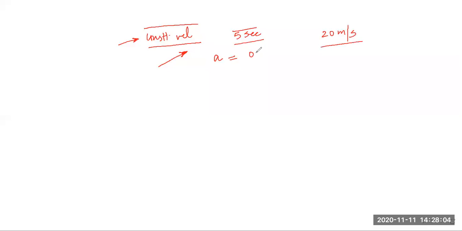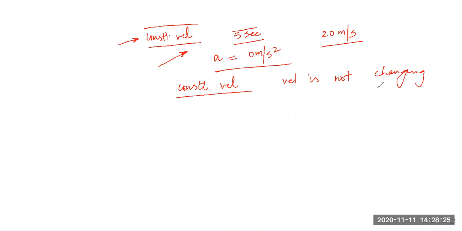Beautiful. So happy with you. 0 meter per second square. Why? Please see. In this case, he has already told that the person is moving with constant velocity. Constant velocity means velocity is not changing.